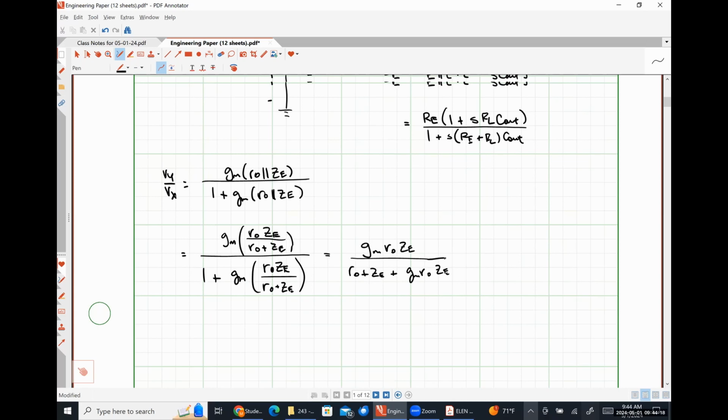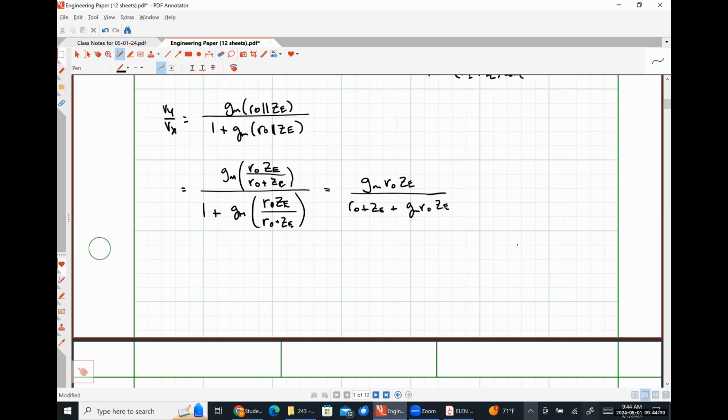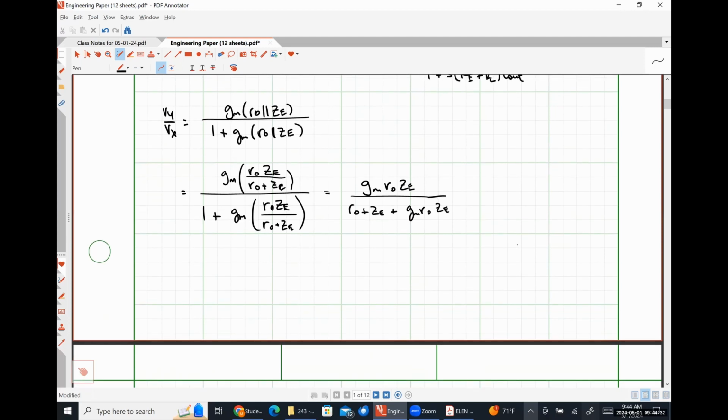This form would allow us to directly substitute in our expression for ZE, and then that's where the algebra gets really, really gross. And so what we're going to wind up getting is, so let me put, after, that's not how you spell after.